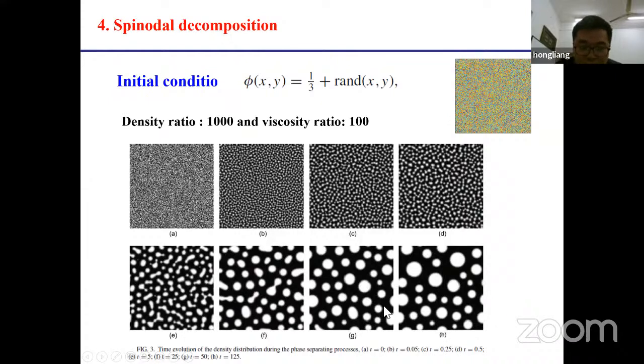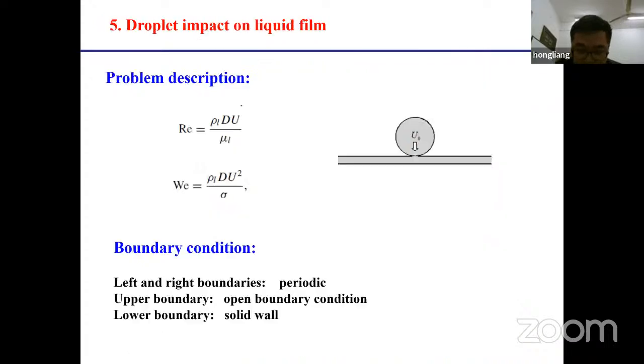So our model can capture this process of phase segregation. Next. The last test is the drop impact on liquid films, and we can see the result next.